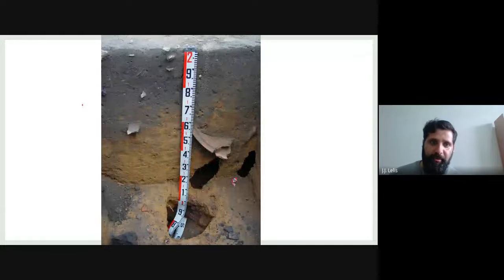In another example of a pratic horizon, here we have some artifacts. They are materials that were incorporated by humans. They were buried, and after that they were fired by the humans that buried this material here.